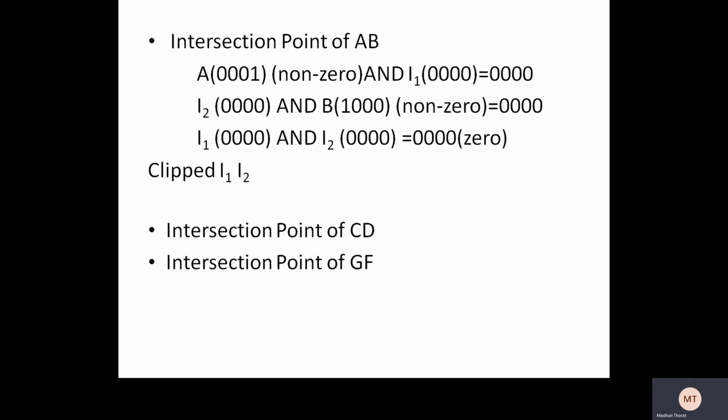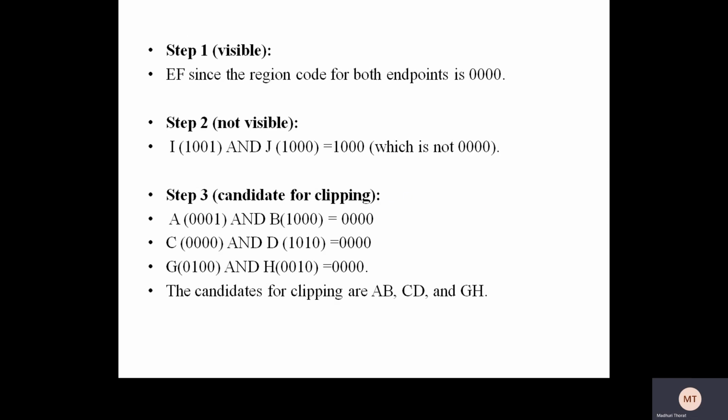In the third step, we have to calculate the candidates for clipping. That means we have to find which lines are to be clipped. First of all, we calculate the visible lines. Then the not visible lines. Then the remaining lines are the candidates for clipping.